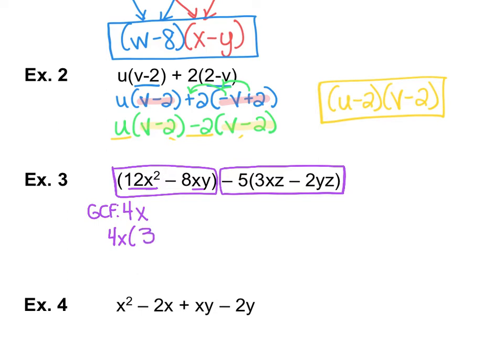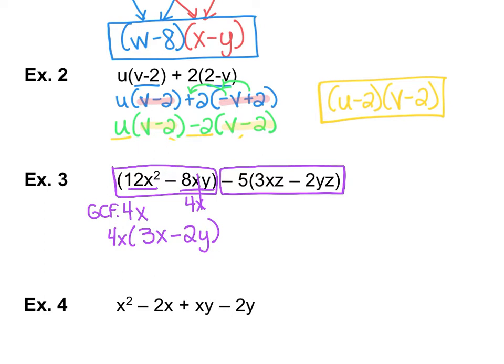X squared divided by x is x. And then I'm going to do the same thing here. I'm going to divide negative 8xy by 4x. So negative 8 divided by 4 is negative 2. The x's would cancel out and leave me with a y. So that's what I get for that first group.